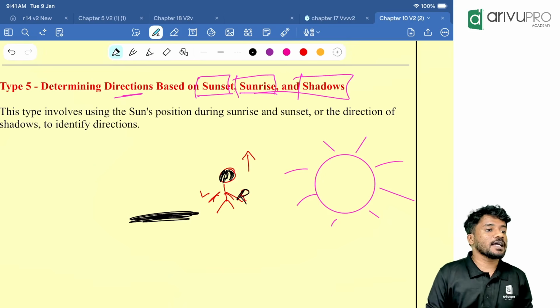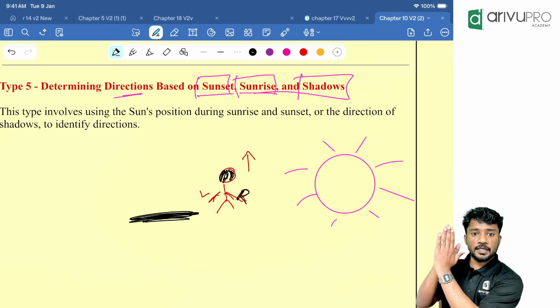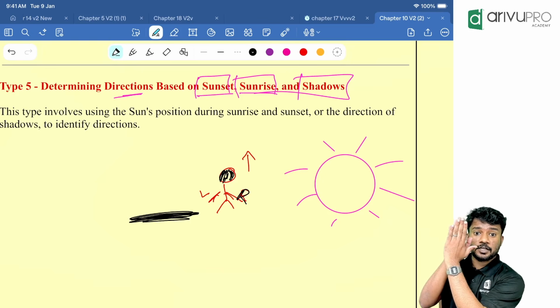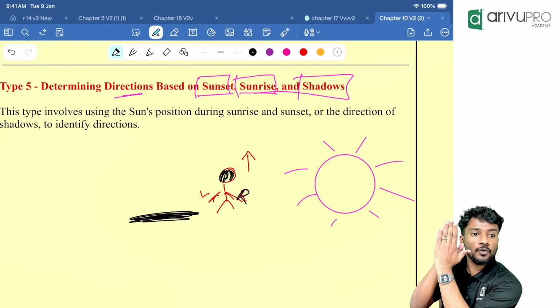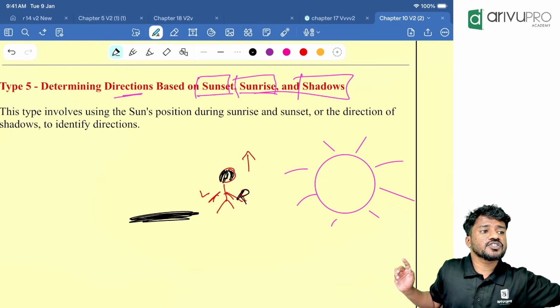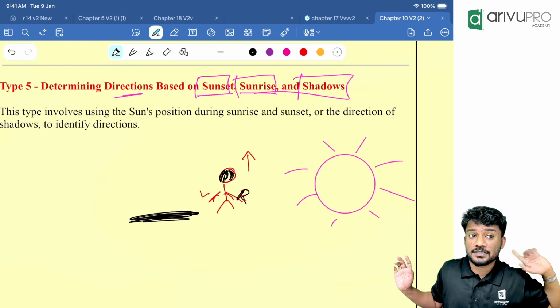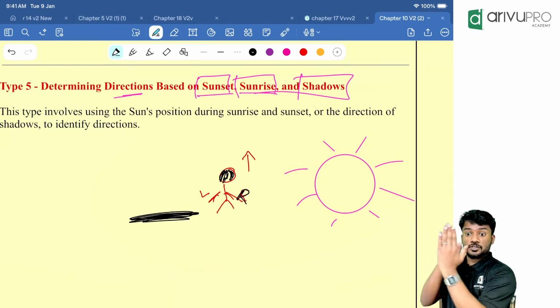Now think about two people standing. Red boy is there, pink girl is there. Both are standing like this. They are not going to kiss, they are just standing. Red boy's left hand side is the shadow. Now, pink girl is looking in the opposite direction to the red boy.